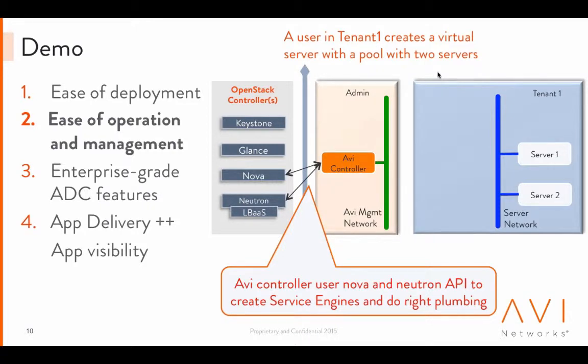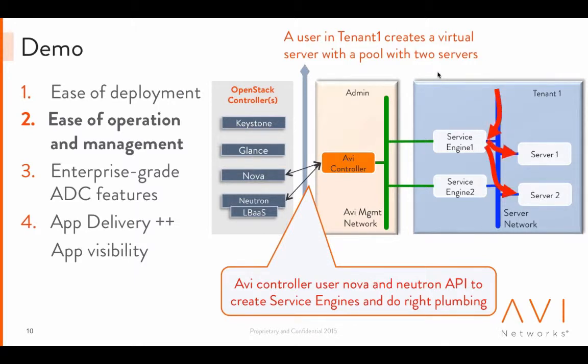And then the AVI controller goes ahead and talks to Nova and Neutron to create the data plane engines and set the right plumbing so that the service engines can provide the load balancing functionality to the backend servers. In this case, I'm showing two service engines because we want to run it in active mode, so we have high availability.